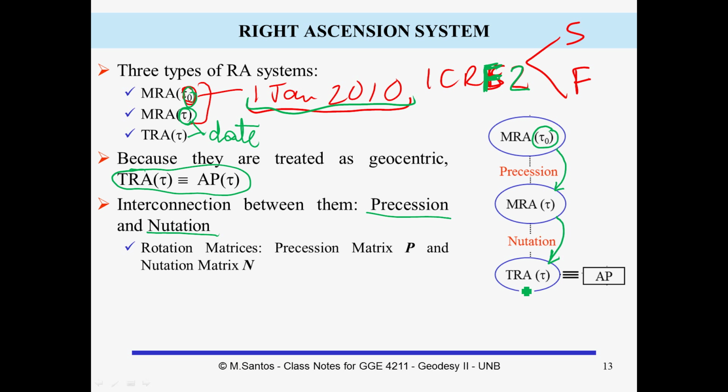The precession matrix is nothing else but a rotation matrix, which is computed by means of three precessional elements or precessional constants, and again it relates the celestial pole that is defined at the reference epoch 0 to a reference pole at the epoch of the date. And it's done through the precession.